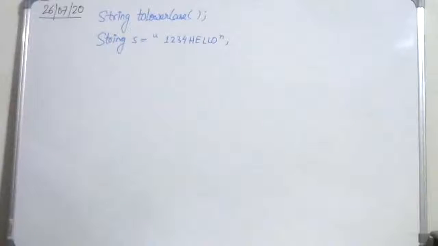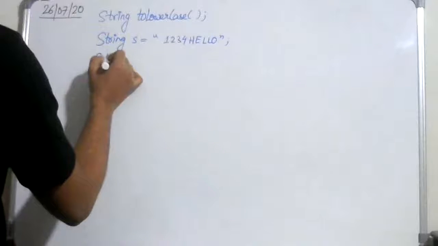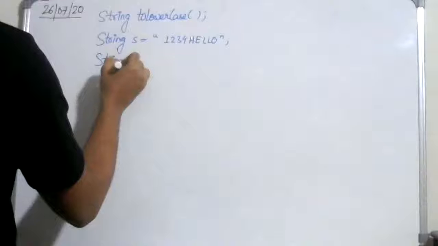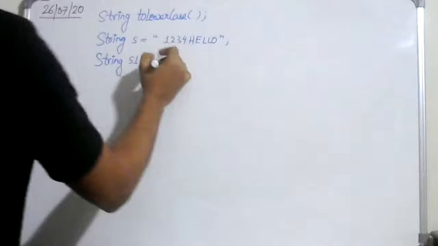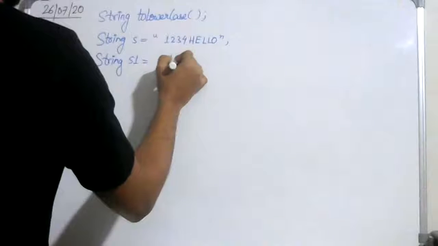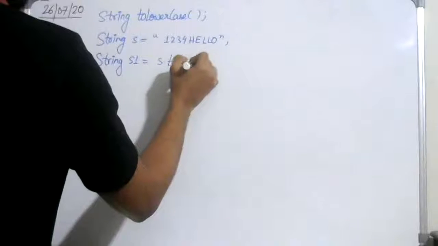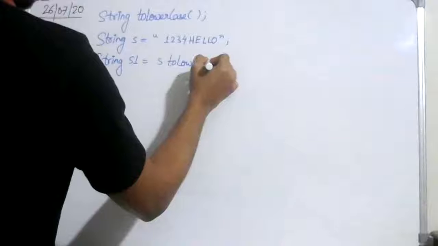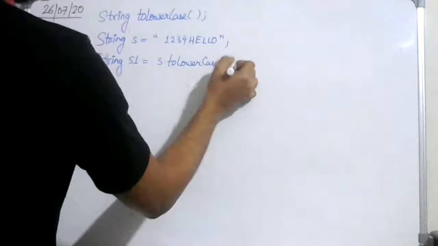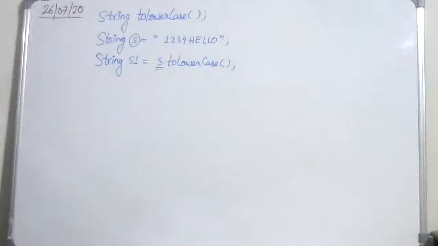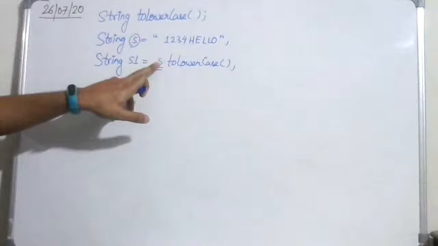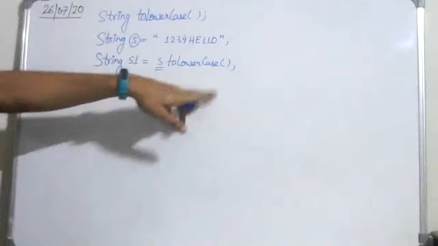Now let's say I define another string variable s1 where I'm going to store the return value of to lowercase. So I'm calling the to lowercase function with respect to the first variable, s dot to lowercase.